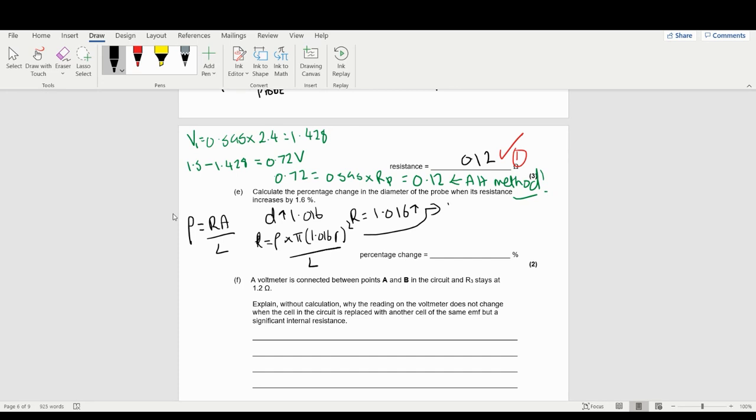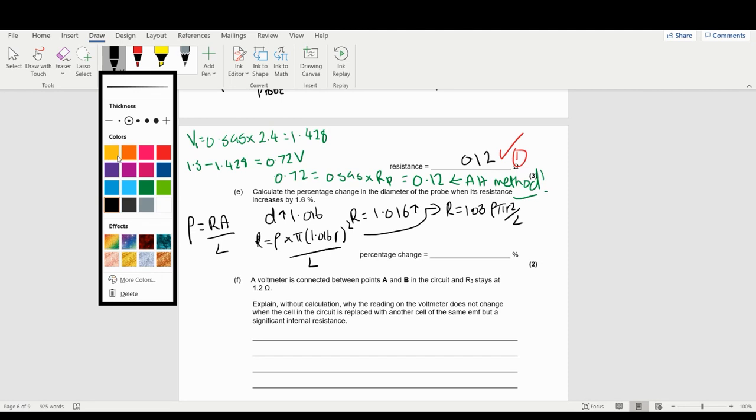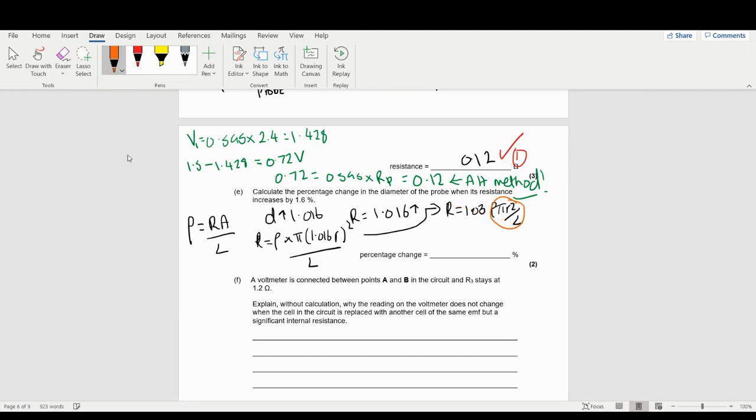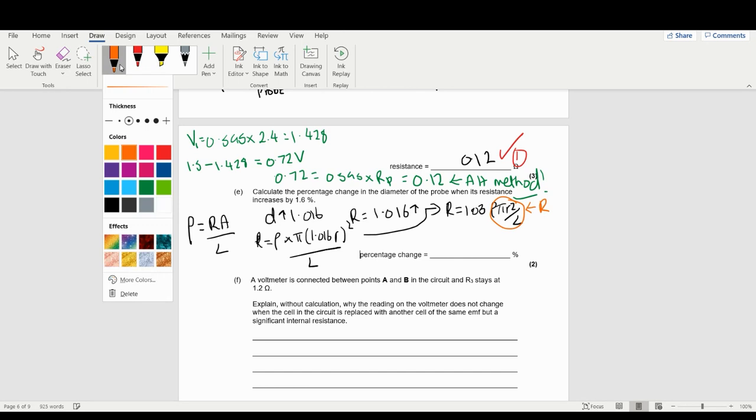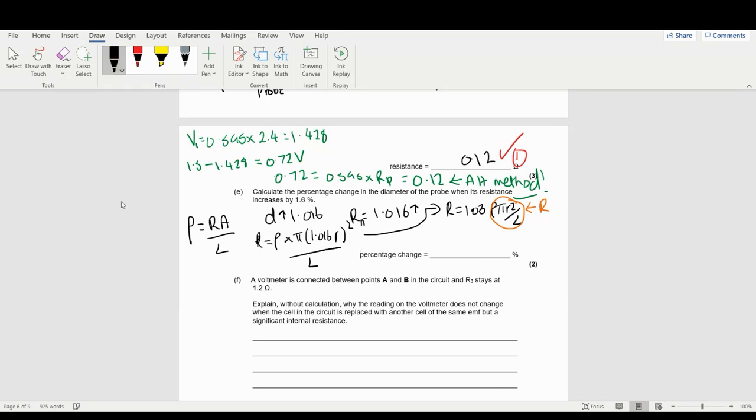So I've got rho R equals 1.03 rho A over L, or pi r squared over L. So the change here, I've got 1.03 of r, because that there is r. This, of course, is the new r of the old. So it's a 3% change because it's 1.03, which is approximately about a 3% change.